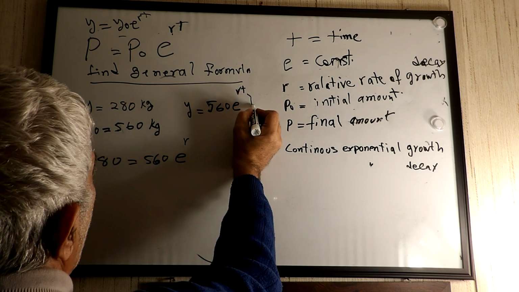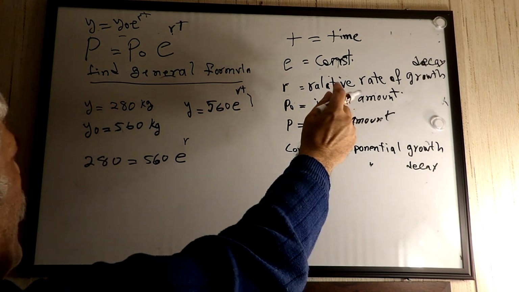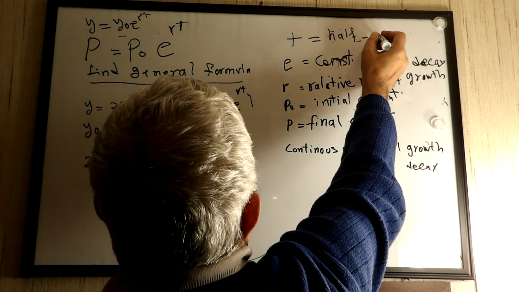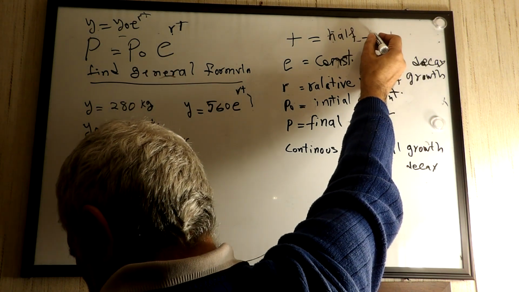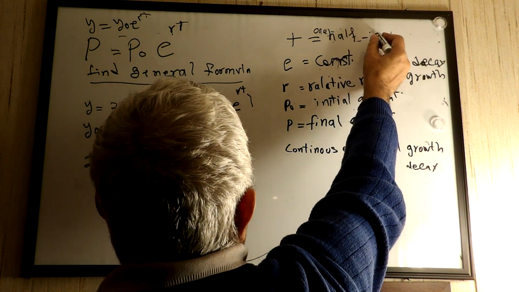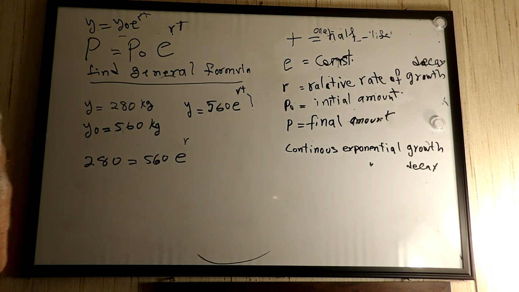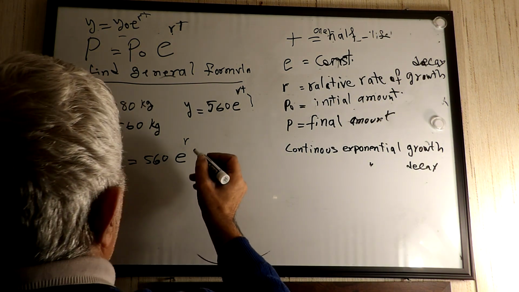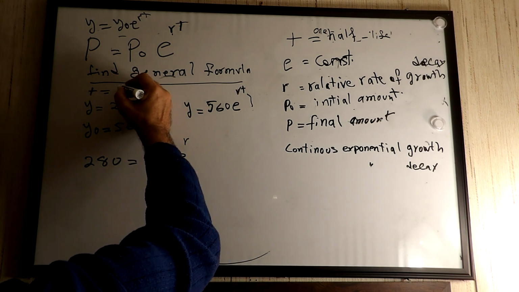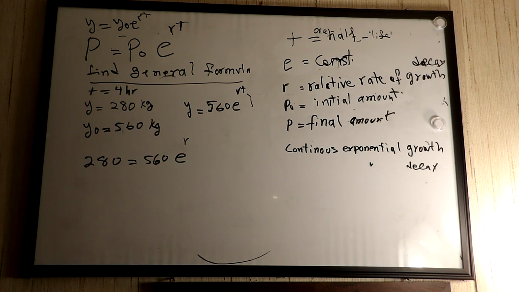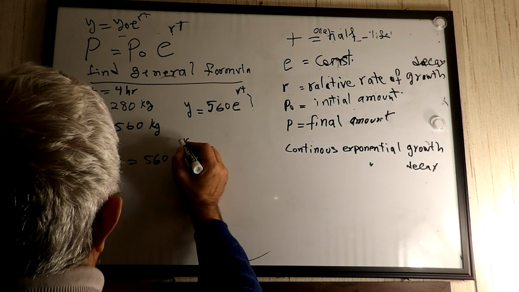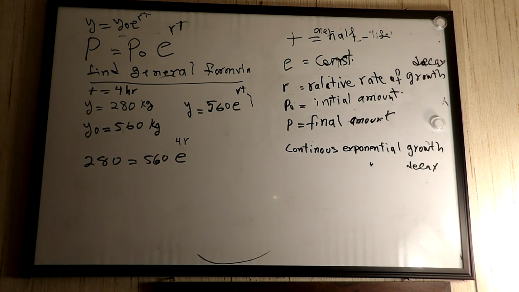So here in this example we say t is equal to 4 hours. It means after 4 hours 560 kilograms is going to be 280 kilograms, the final amount. So we say 4r.